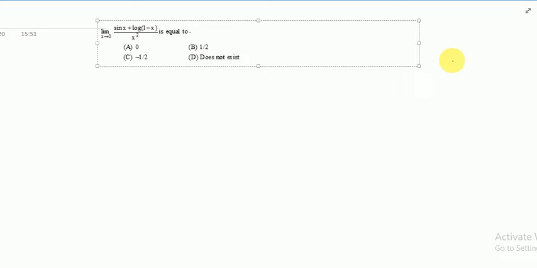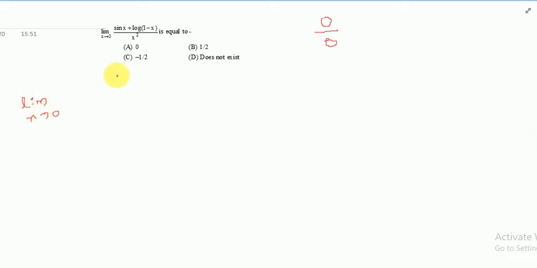Limit of x tends to 0, sin x plus log of 1 minus x divided by x square equals to. So here again, which form is this? It will be 0 divided by 0, because as x tends to 0, numerator will be 0 as well as the denominator will be 0. Therefore, let me consider limit of x tends to 0.